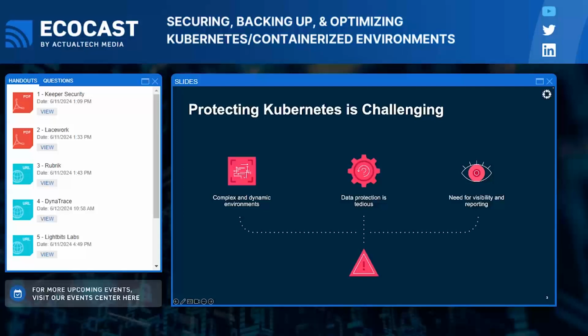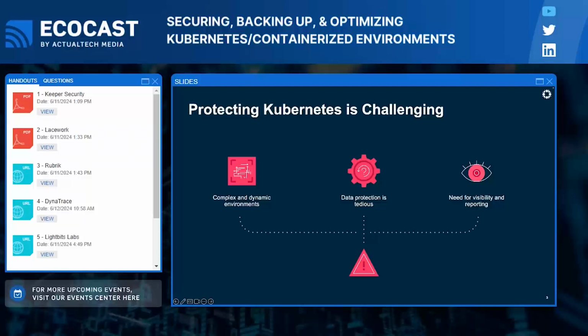So from what I'm hearing of organizations doing data protection on Kubernetes is that it is tedious. So they might be using some open source solution and they have to manage jobs. They have to manage the storage for where they're backing up their persistent volumes. It gets a little out of control in terms of knowing what they have protected and how old stuff is and how much storage they're using.